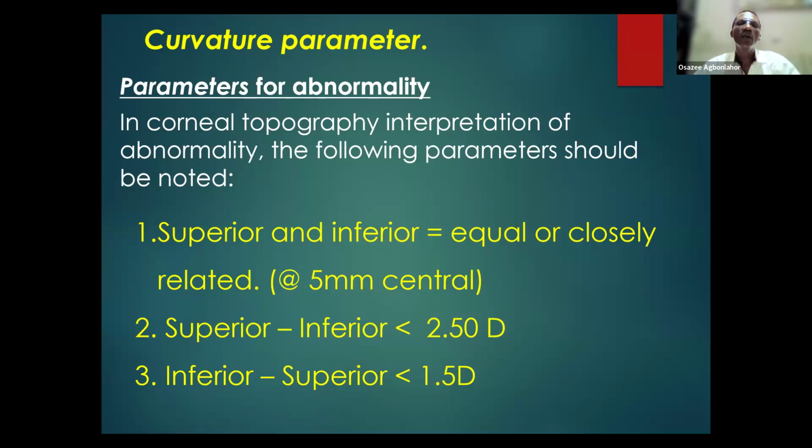So if I take the superior and subtract it from the inferior, the value should be less than 2.5, good. If I take the inferior, which is steepest now, and subtract the superior from it, the value should be less than 1.5, because that is usually the normal. So the limit of values is smaller for when inferior is larger than superior. So that's why you're having these variabilities.